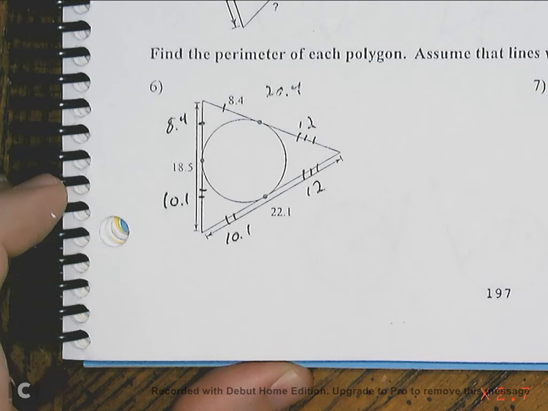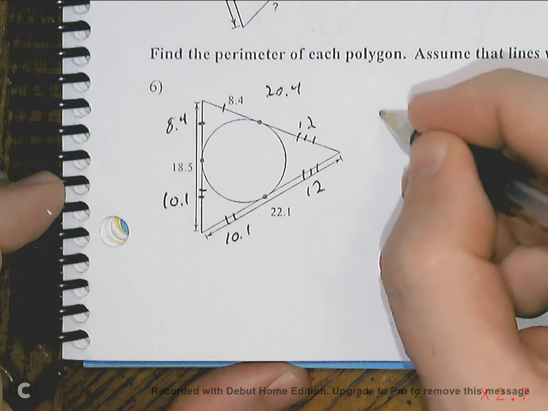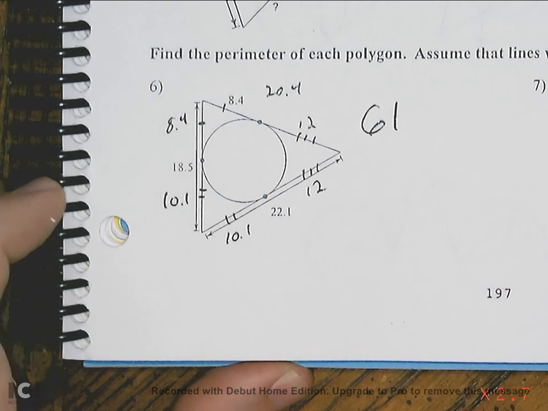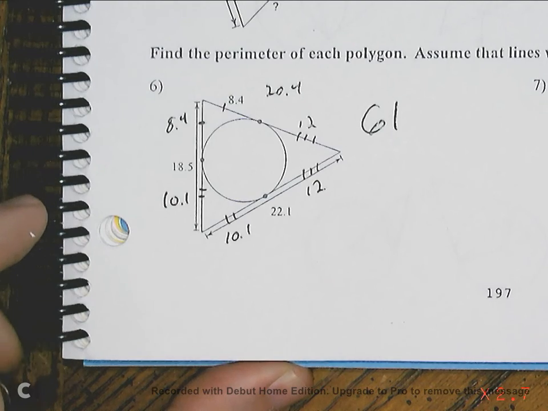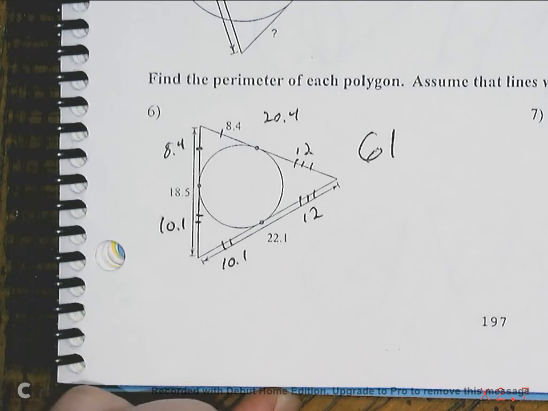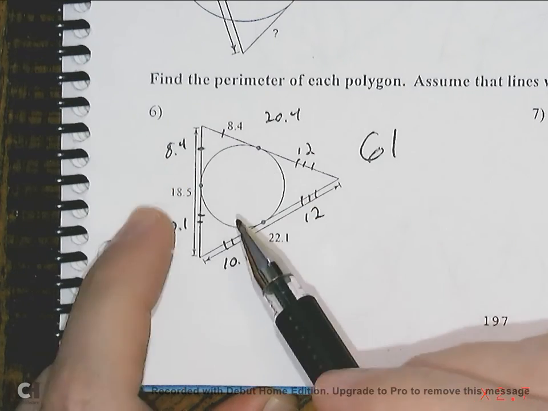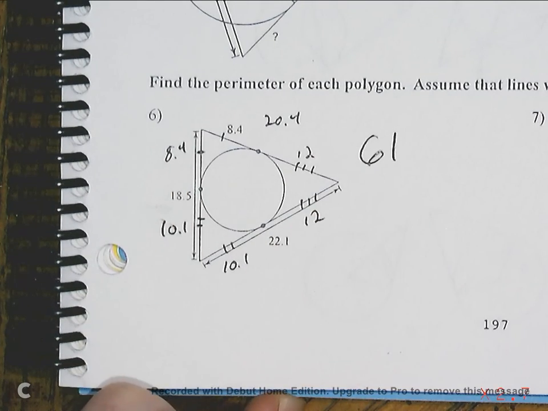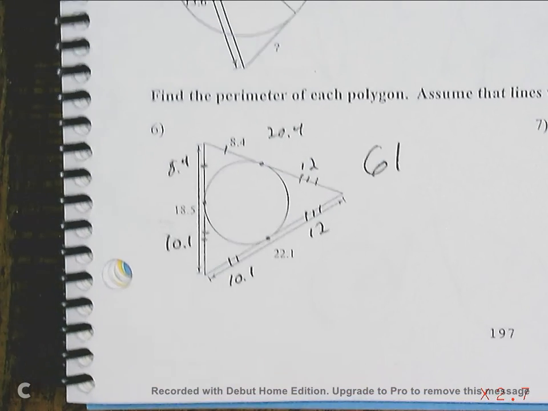So 20.4 plus 18.5 plus 22.1 is going to give me everything all together is 61. Okay, not as hard as it looked, right? Again, basically once you know that property where those two sides are equivalent, it comes down. It's pretty easy. And that is tangent lines.